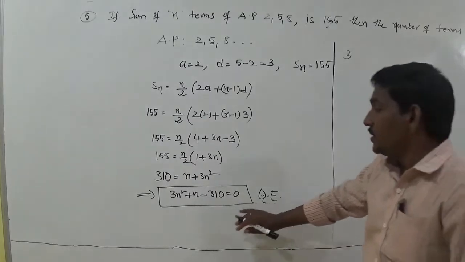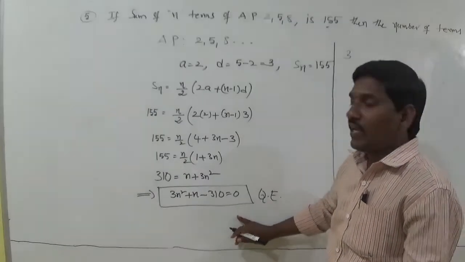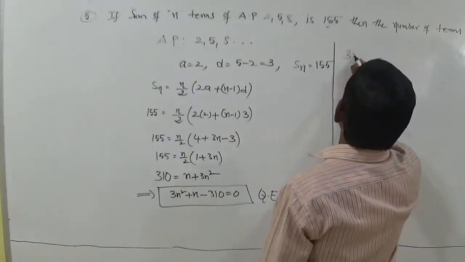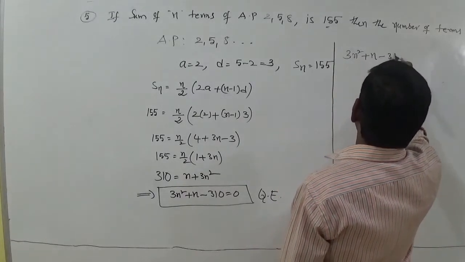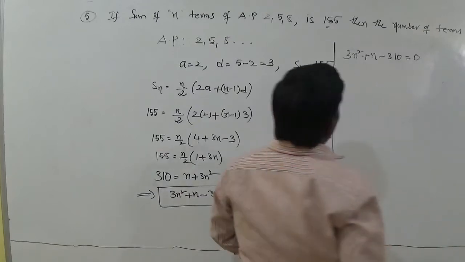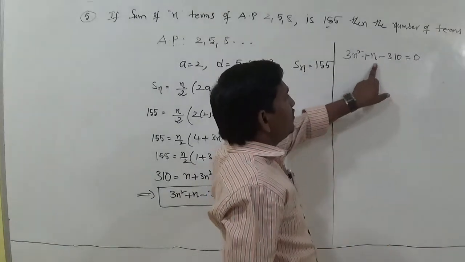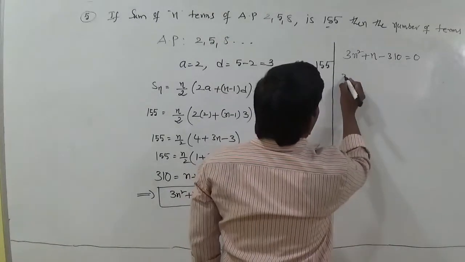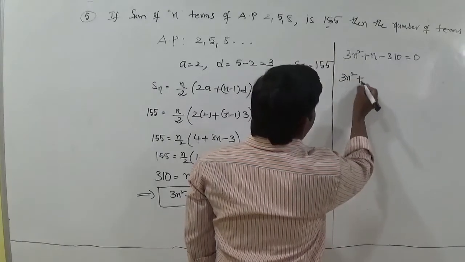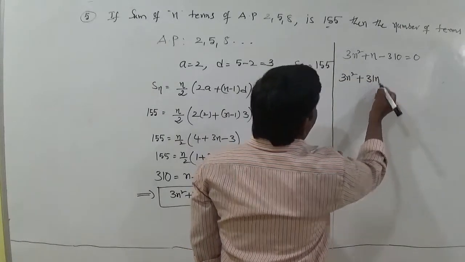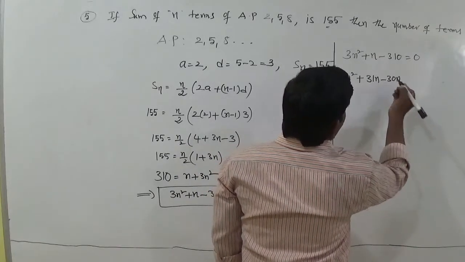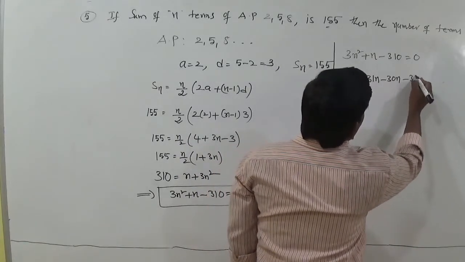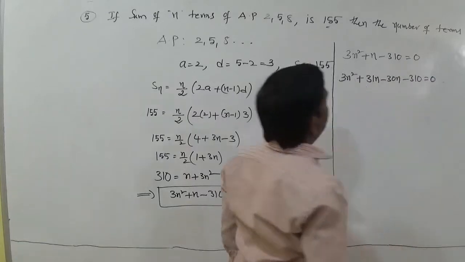After factorizing the quadratic equation, we will get n. 3n square plus n minus 310 equal to 0. So the middle term should be split: 3n square plus 31n minus 30n minus 310 equal to 0.